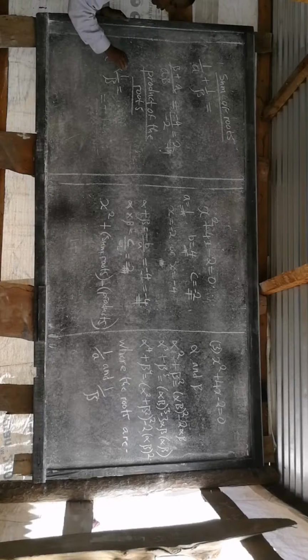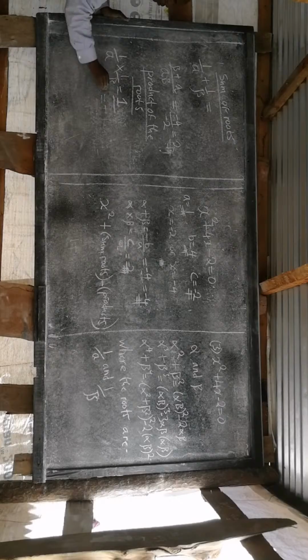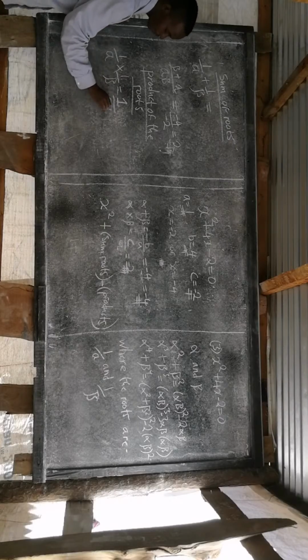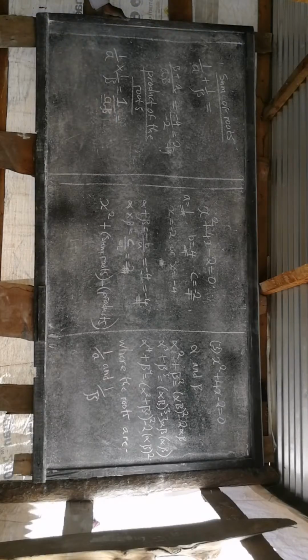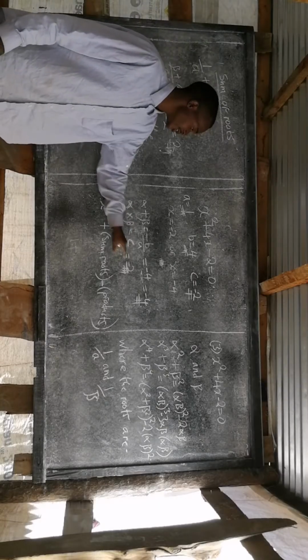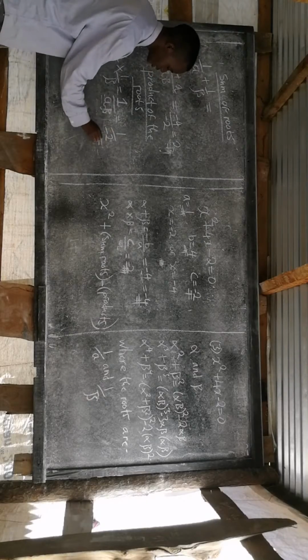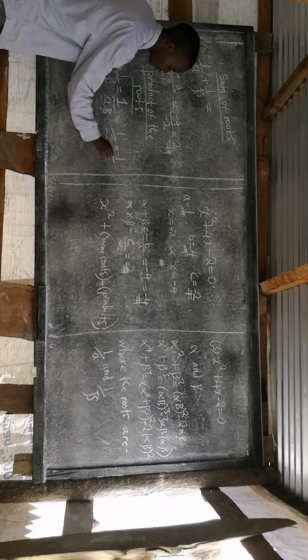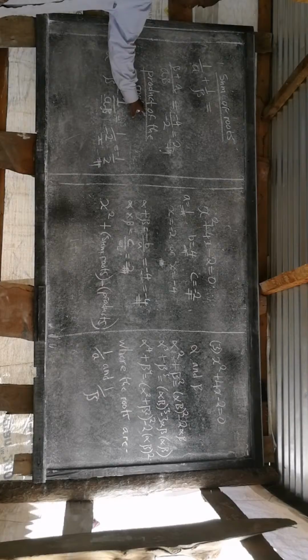When you multiply this, it will give you 1 over alpha times beta. So alpha times beta is negative 2. So it will give you negative 2 here, so it is negative half. That is the product of the roots.